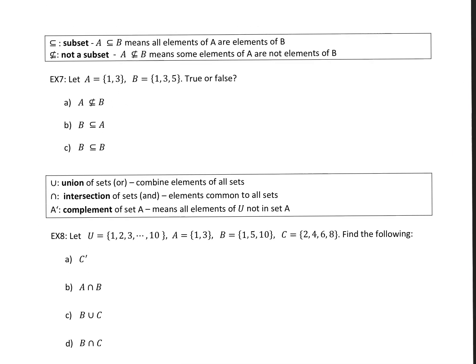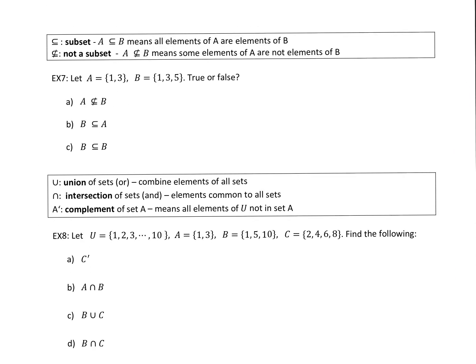Now, some more notation. We have this sort of C-like object, I guess, and this is saying a subset, or it means it's included in. So if I do this notation, A a subset of B, it means that all the elements of A are the elements of B. What does that mean?